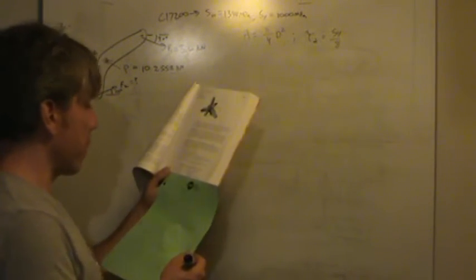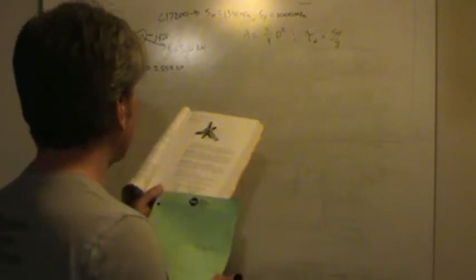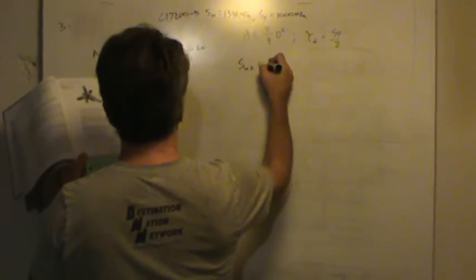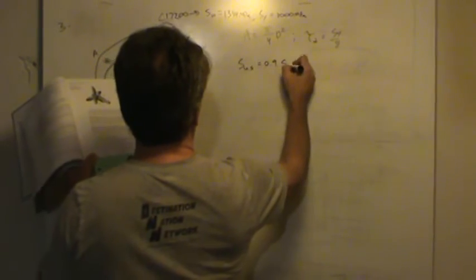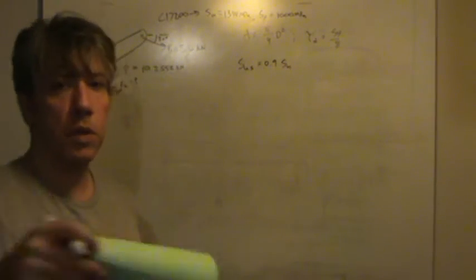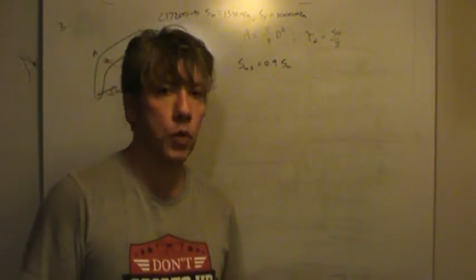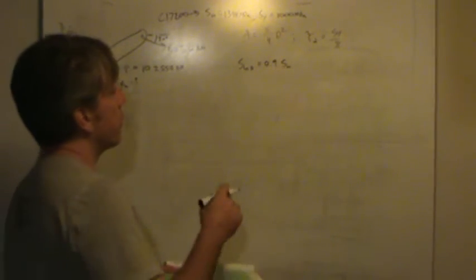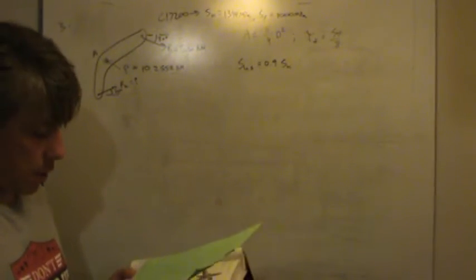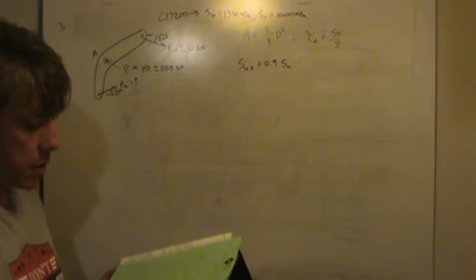And by the way, those are the properties for the hard version of it. Anyway, it says that the ultimate shear strength for this material is 90% of the ultimate strength. Now this ultimate strength would be a strength measured just in tension. It would be the normal stress or normal strength of the material. This would be the strength of the material in shear if it's a copper alloy according to this table.